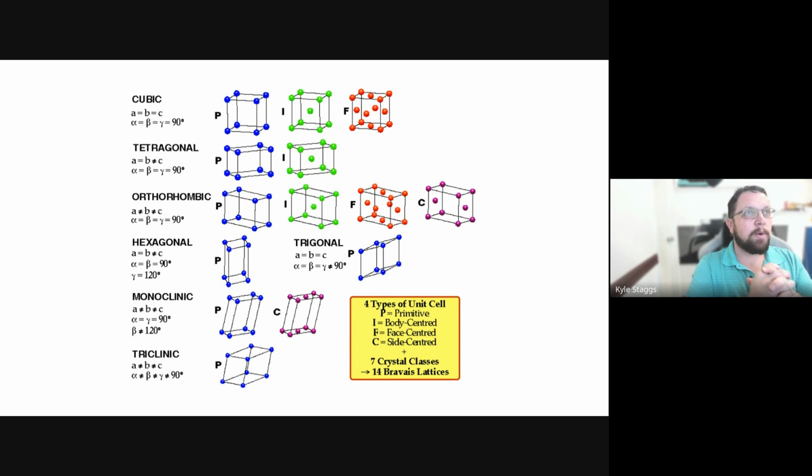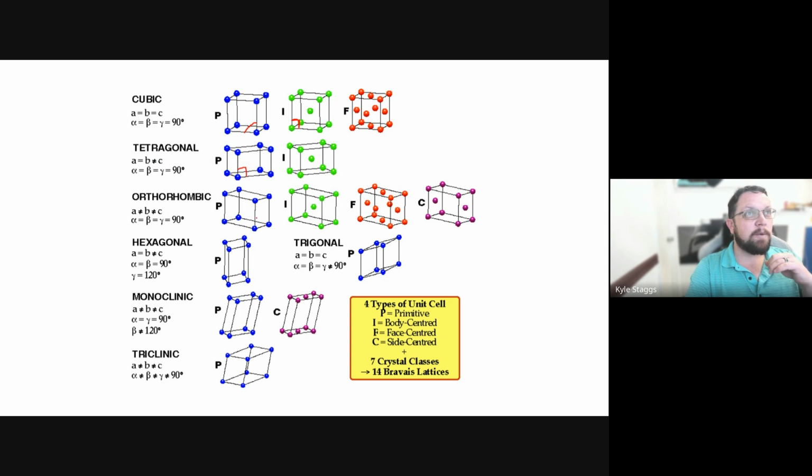They're going to be very, very important. So the cubic structures all have alpha, beta, and gamma. What these are referring to is the angle from one plane to another. So in this case, they're all 90 degrees. In the case of tetragonal, they're also 90 degrees.